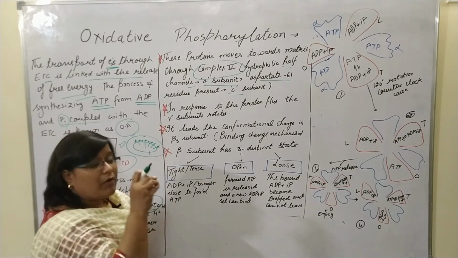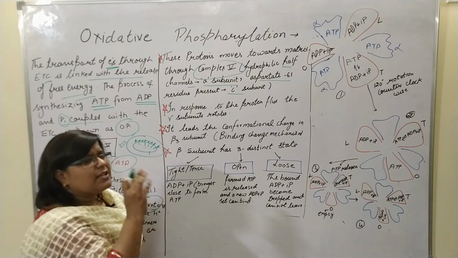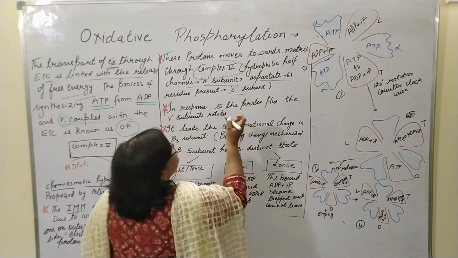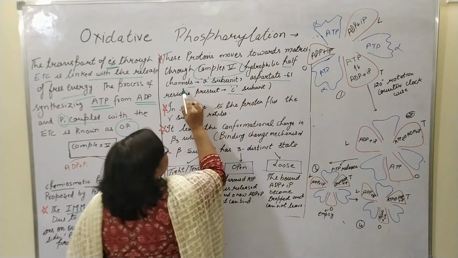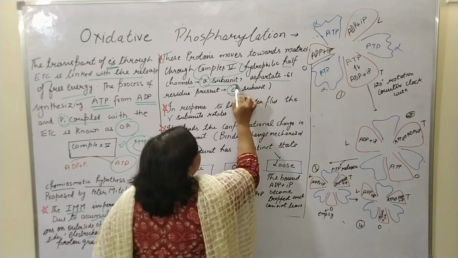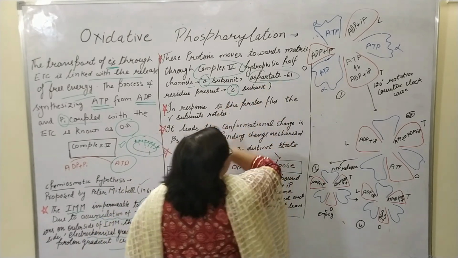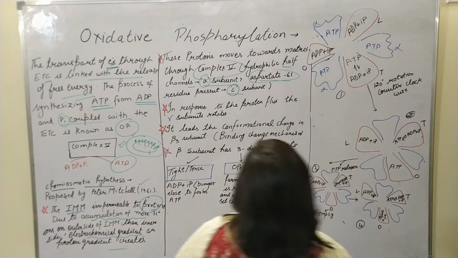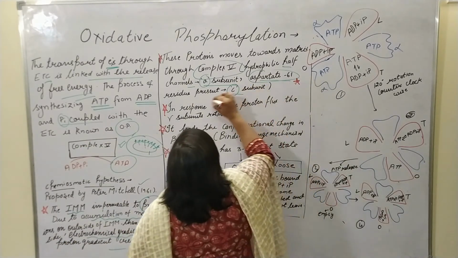But how? We are not going into depth, but there are hydrophilic half channels present on the A subunit, and the C subunits have the aspartate 61 residue.